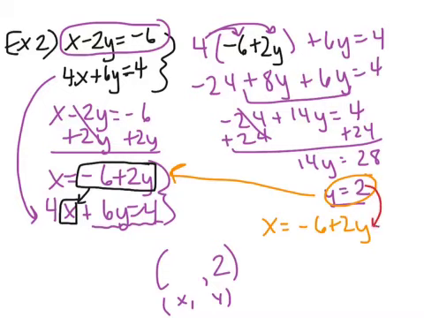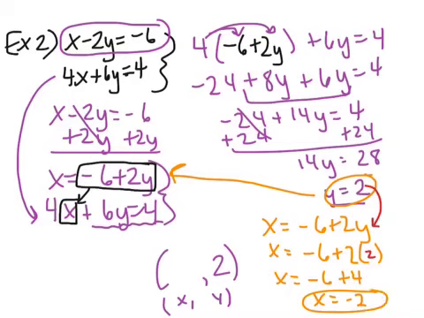So I get x equals negative 6 plus 2 times 2. Evaluating that, x equals negative 6 plus 4, so x equals negative 2. So my solution would be the ordered pair negative 2, comma 2.